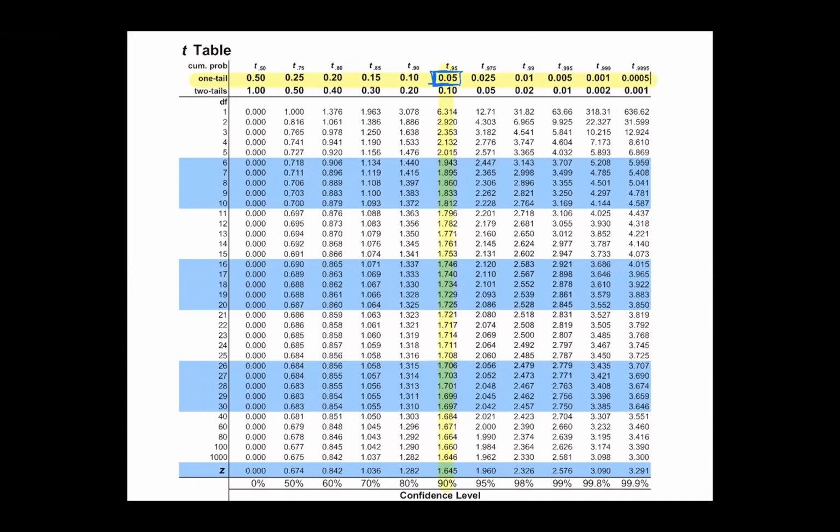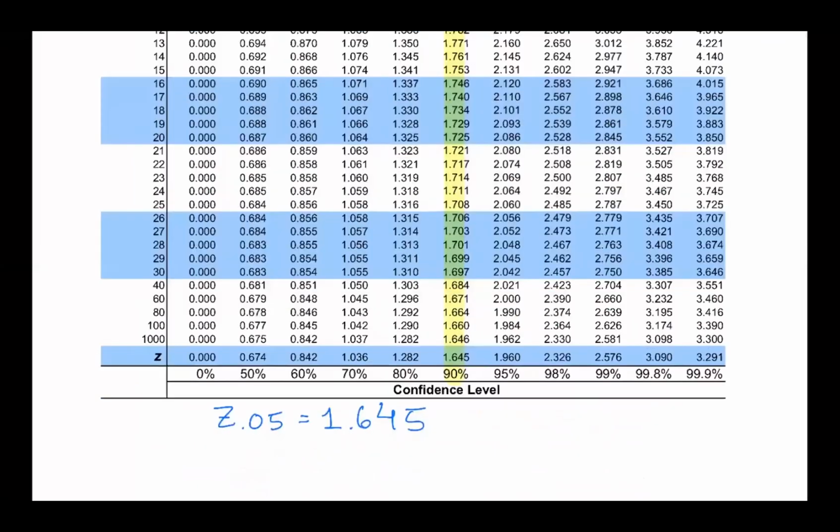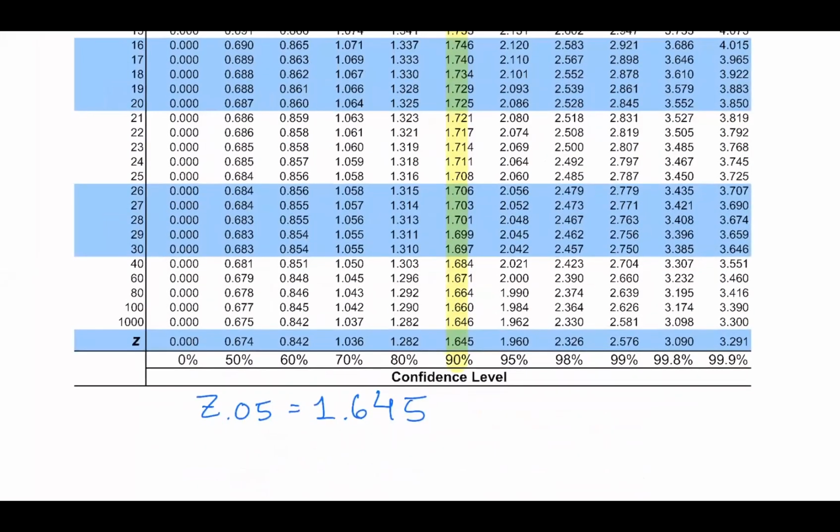So you select the entire line where it says 0.05. And then here goes the Z value right over here. So that means you want to select that row. So if you look at where do they intercept at, 1.645. So that's how you get the 1.645. Any question in regard to how you get the 1.645?